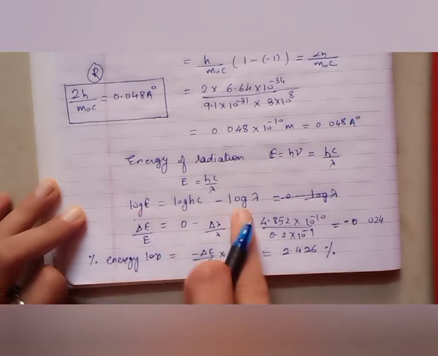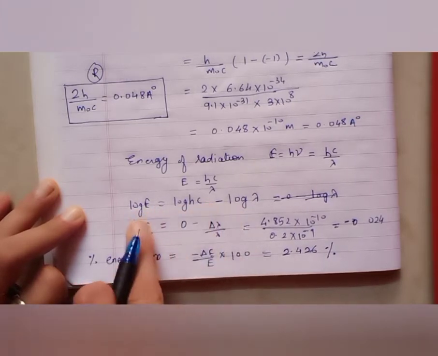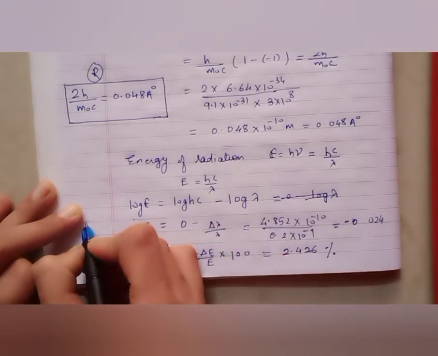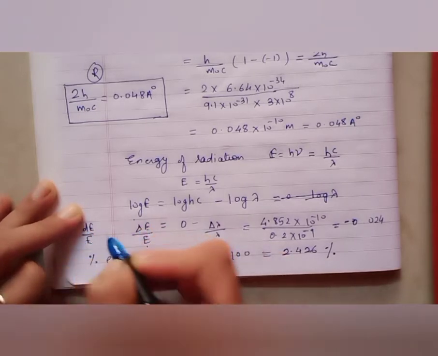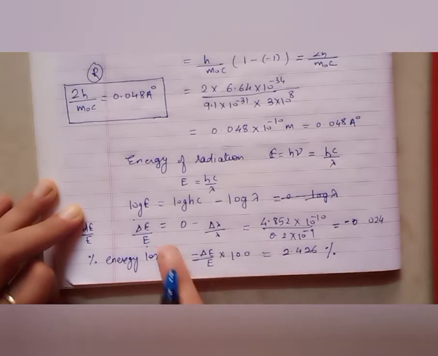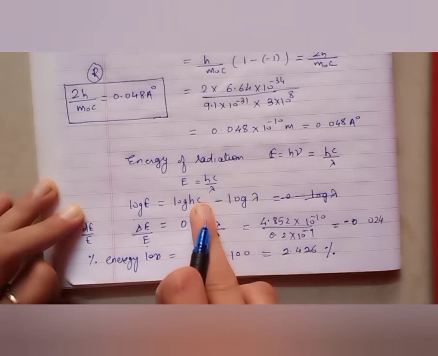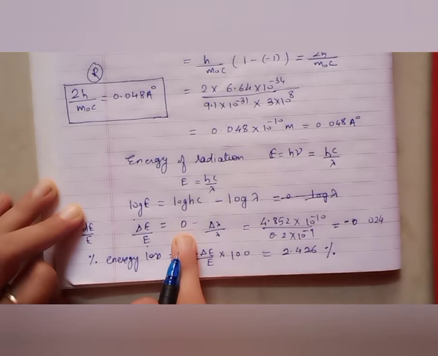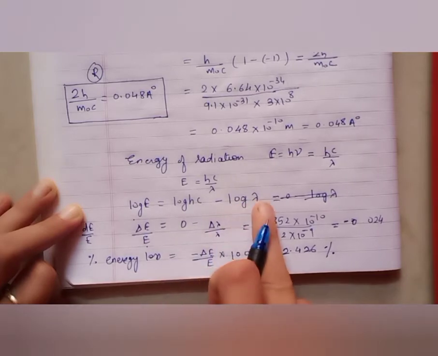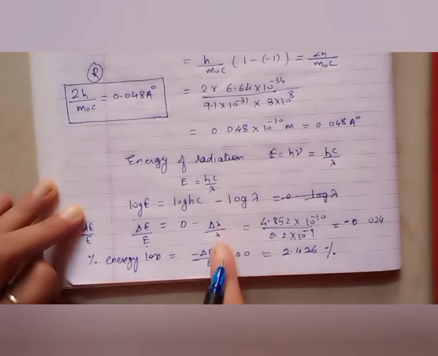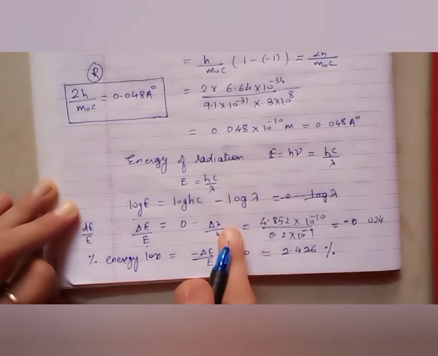After this step, we will take the derivative of both sides. So delta E upon E. You can either write dE upon E or you can use delta E upon E. So delta E upon E equals, h and c both are constants, and the derivative of a constant is 0. So here we will get 0 minus the derivative of log lambda, which is 1 by lambda into delta lambda.